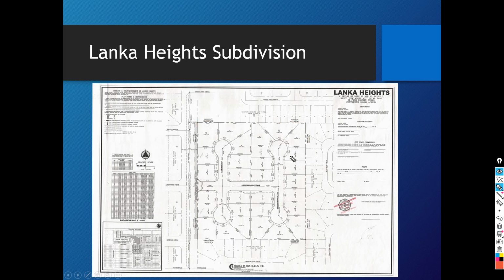Okay, this document is a subdivision, like I said right in here. It's called Lanka Heights, and it's basically defining property lines between all these lots. This is what's called a lot. That lot is the piece of property that comes together with the house. So whenever you buy a house, you're buying a house together with land.